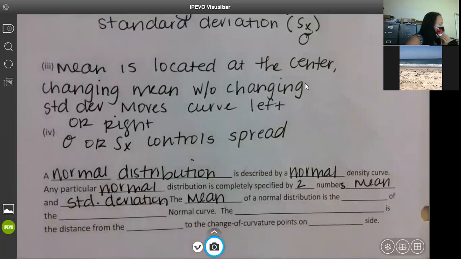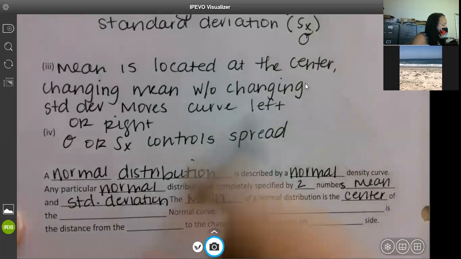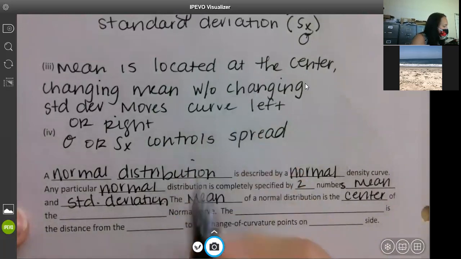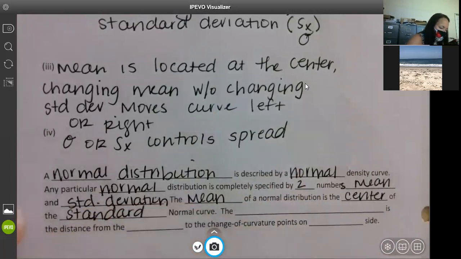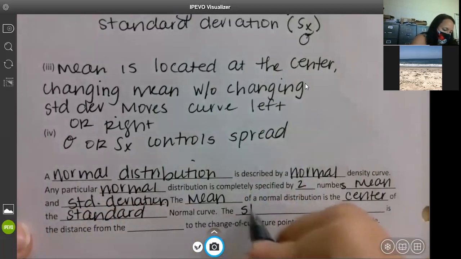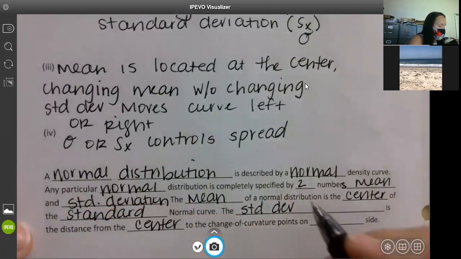The mean of a normal distribution is the center of the normal curve. The standard deviation is the distance from the center to the change of curvature points on either side.